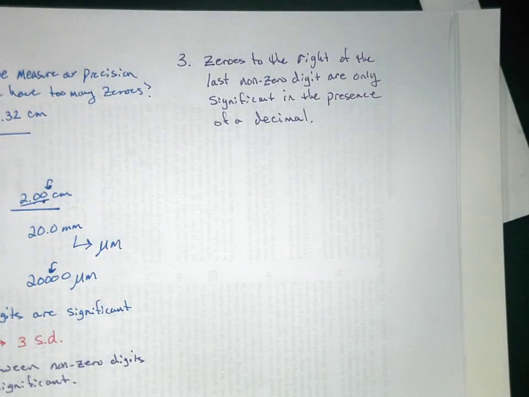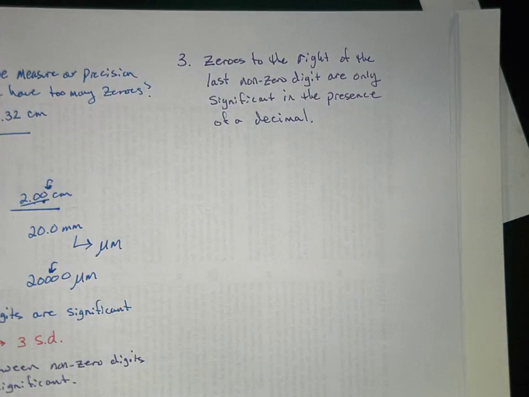Zeros to the right of the last non-zero digit are only significant in the presence of a decimal.